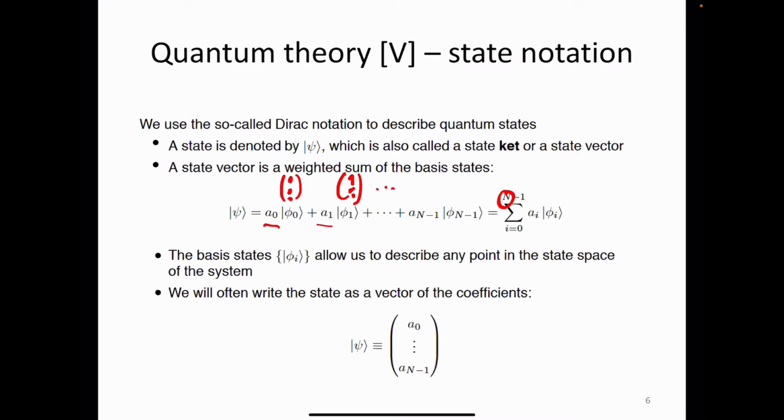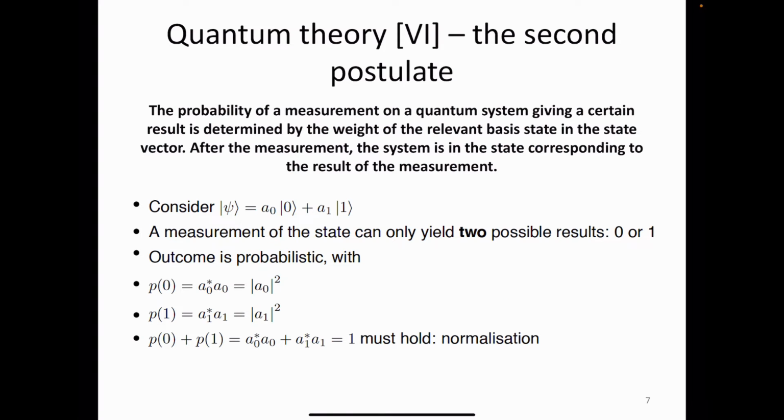Let's look at the second postulate. The probability of a measurement on a quantum system giving a certain result is determined by the weight of the relevant basis state in the state vector. After the measurement, the system is in the state corresponding to the result of the measurement. So consider that state psi here with probability amplitudes a sub 0 and a sub 1.